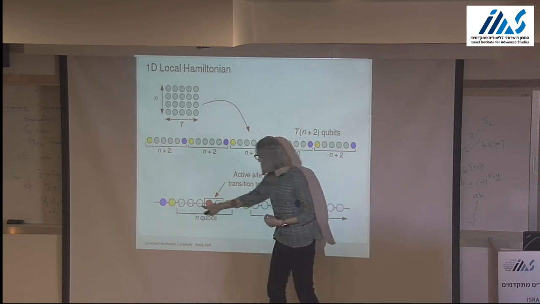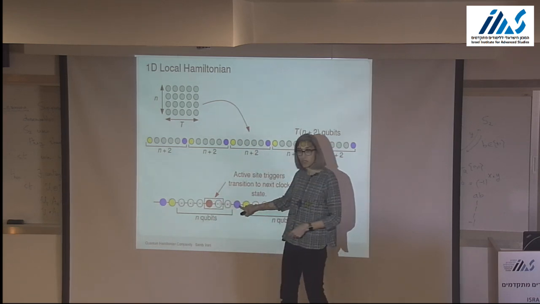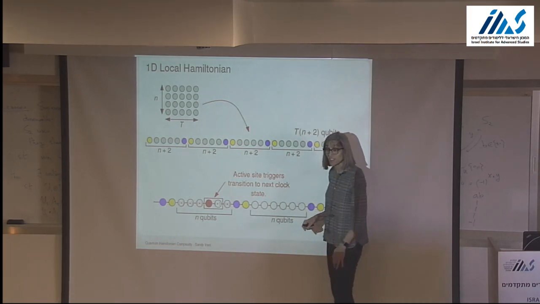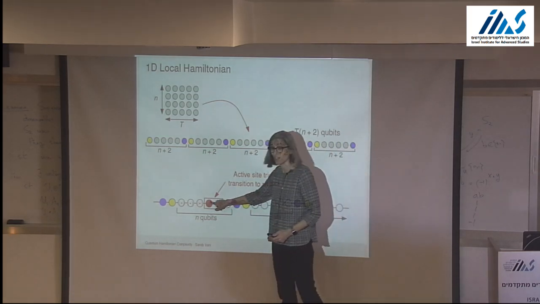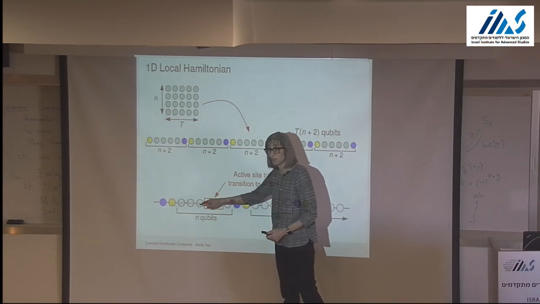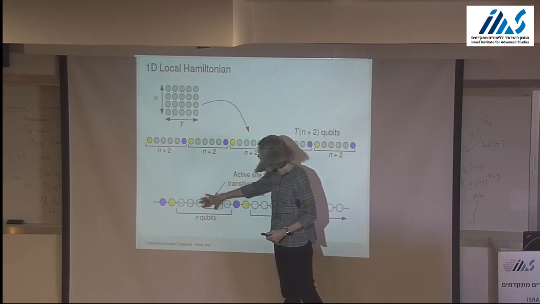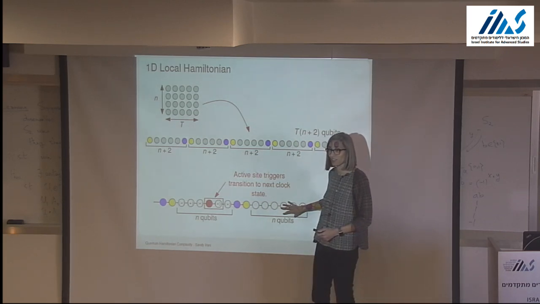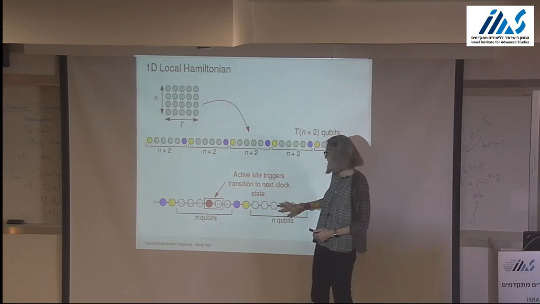Okay? Once it gets to this end, now I have a problem because I have to move all of the qubits over. So that's exactly what this little guy does. It's a lot of work. He runs back and forth, shuttling the qubits back and forth from here to here. It's kind of like a Turing machine, you know? And the details are like a Turing machine too, in terms of the amount of work it does.